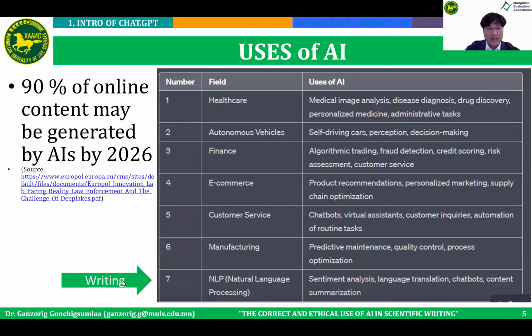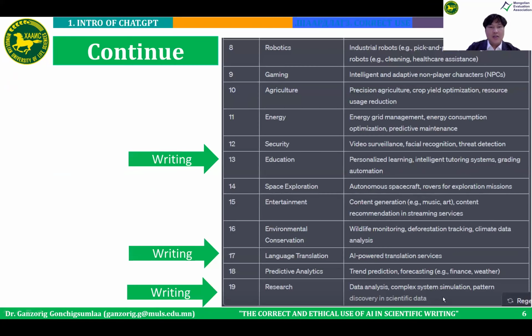But in the last, it says natural language processing, which is what we are talking about with scientific writing. And also education and language translation and research, stuff like that. So those are the areas which will be used for writing using the AI.